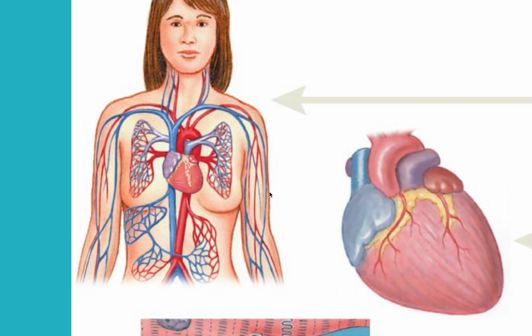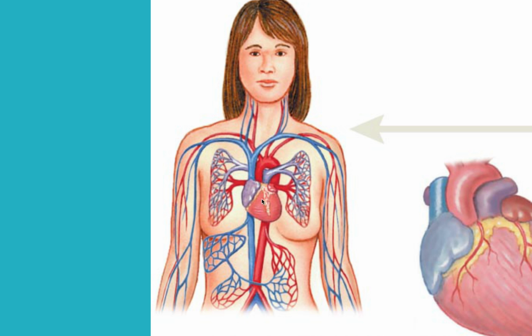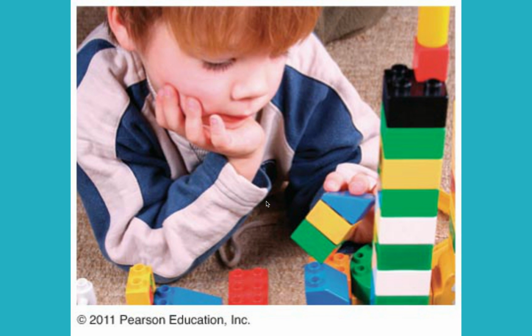Then the next level up would be an organ system. This is the cardiovascular system here. It consists of different organs that work closely together. So in this case, it's the heart and blood vessels working together. And then finally, we get the organism, the whole person. That would be you, and the organism is made up of the organ systems. And you're going to read about the 11 organ systems later on.